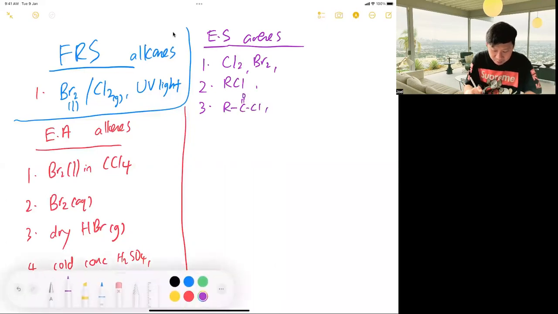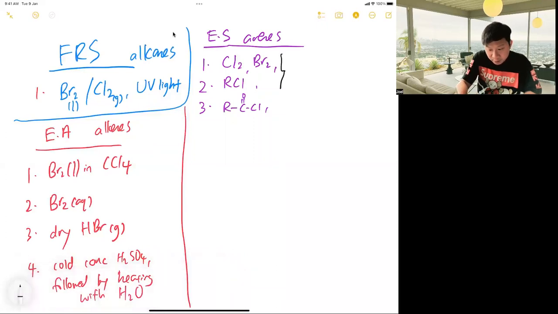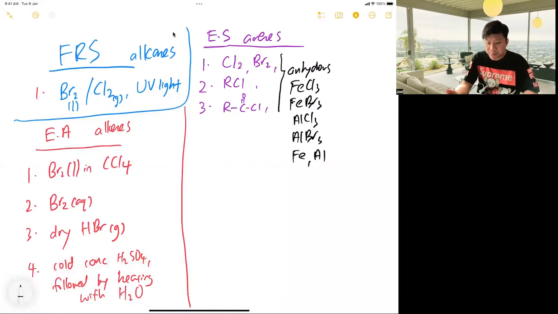These three are exactly the same, you know why? I can bracket them together: anhydrous FeCl3, FeBr3, AlCl3, AlBr3, sometimes Fe and Al, but that is very rare; normally it's the first four.